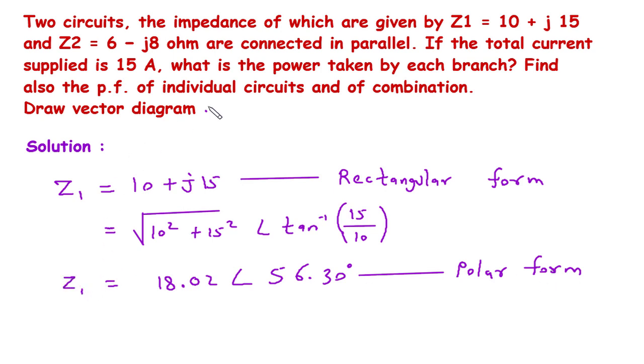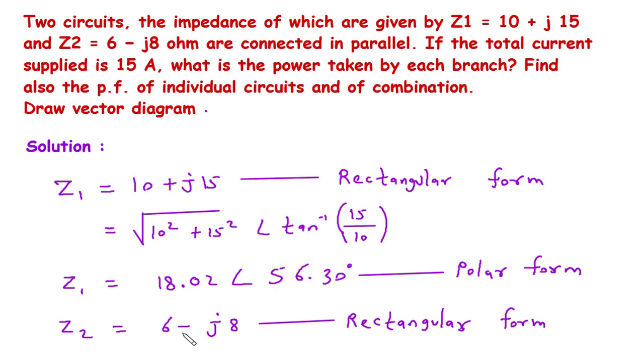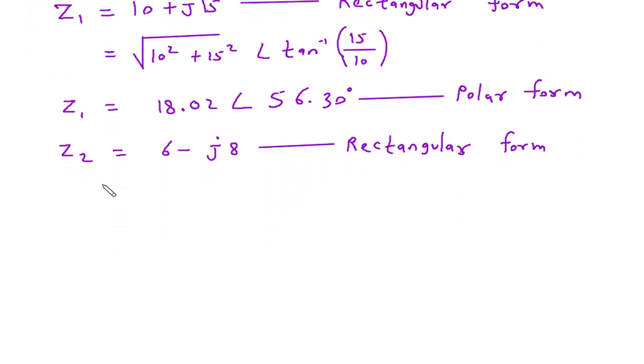Of Z1. Now Z2 value is also given. So the value of Z2 is equal to 6 minus j8. Again this is in rectangular form. So we can convert this into its equivalent polar form. It will be under root of 6 square plus minus 8 square at an angle of tan inverse of minus 8 by 6.